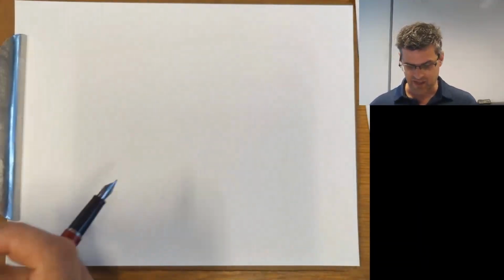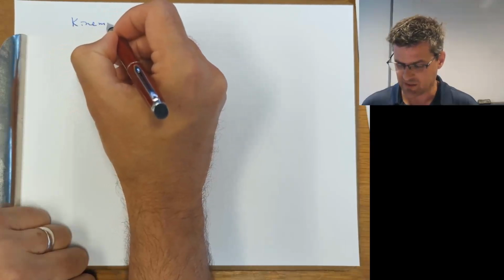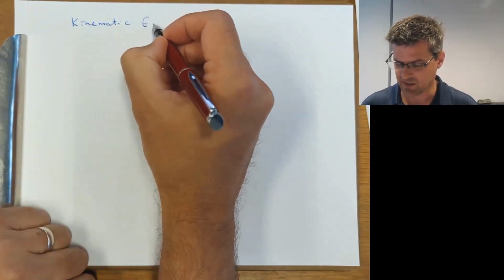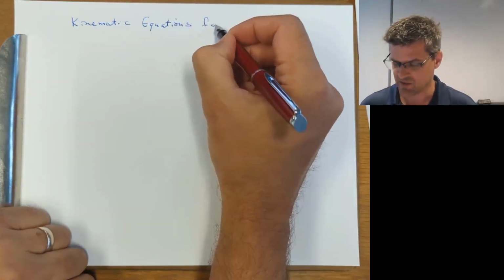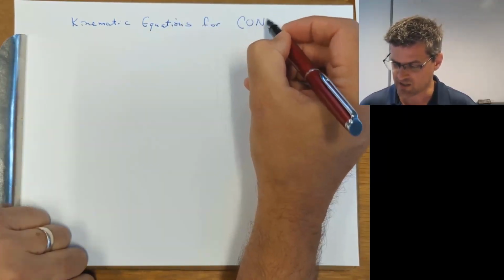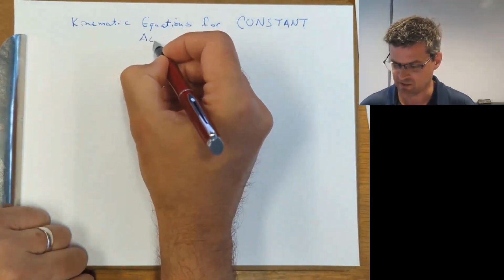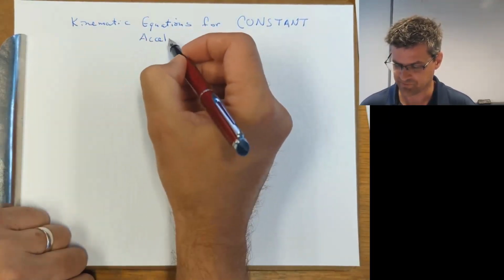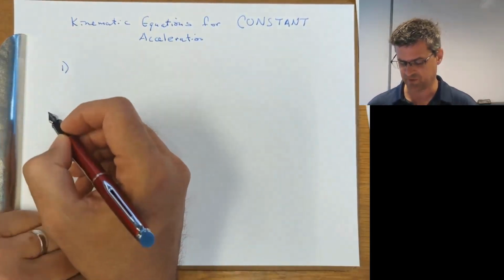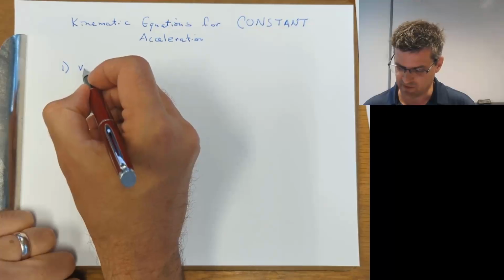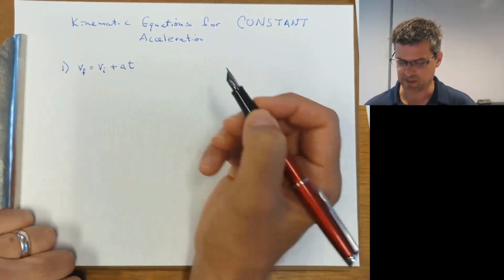So putting these together, we can create kinematic equations for constant acceleration. The first one is v final equals v initial plus at.